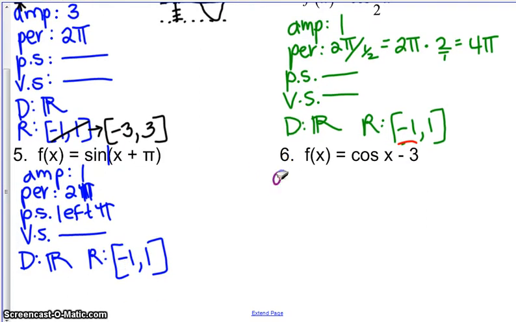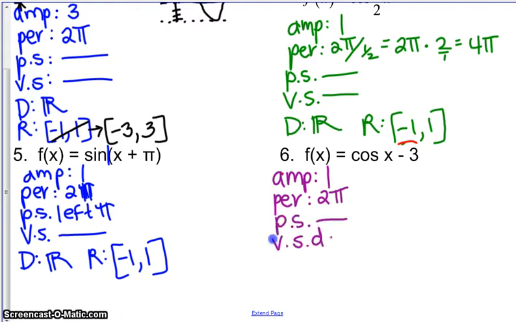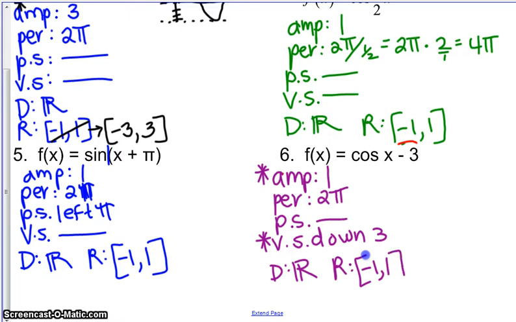Okay, last example. The only value we have is k. So our amplitude is 1, our period is 2 pi, our phase shift is none, our vertical shift would be down 3. So our domain stays all reals. Our range, again, is affected by the amplitude and the vertical shift. Our original range is from -1 to +1.